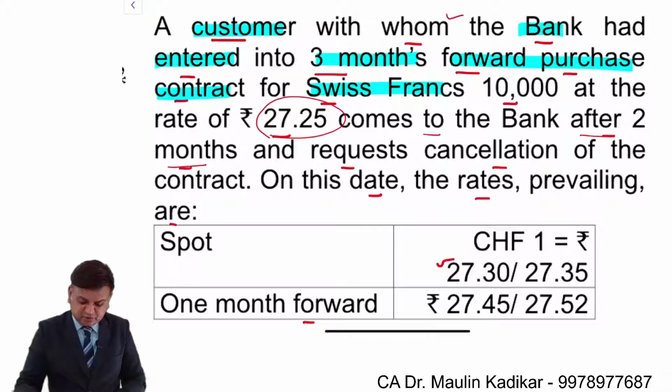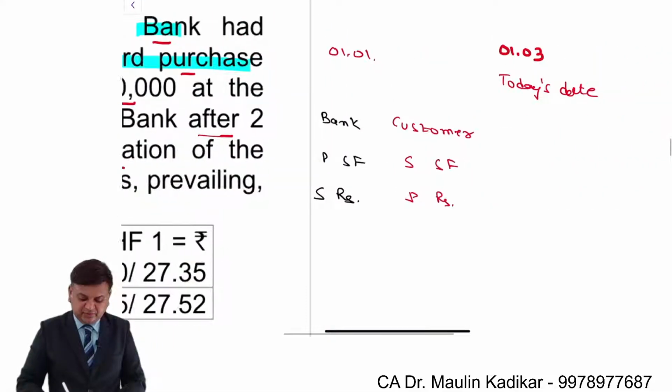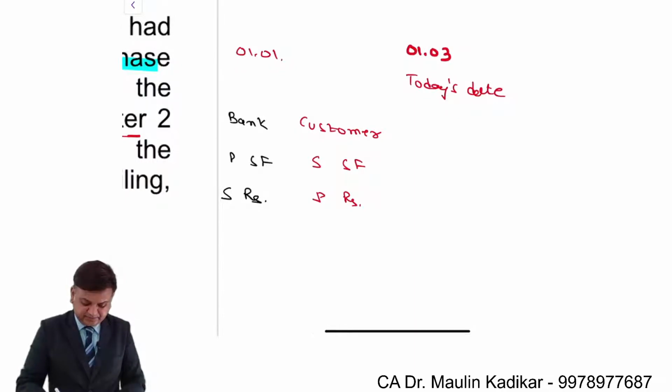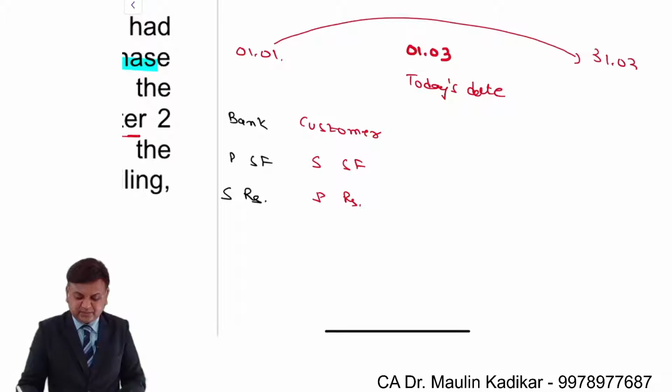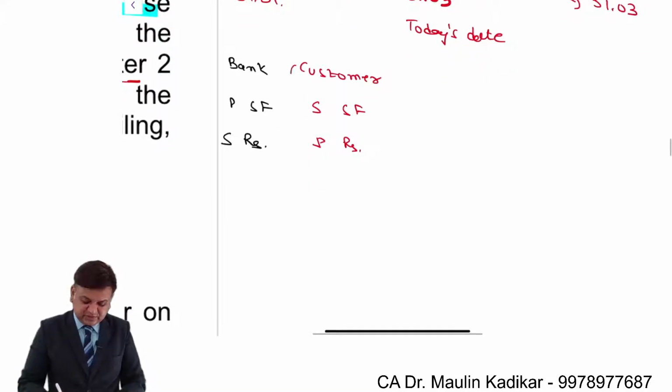A customer with whom the bank had entered into a 3 months forward contract. So the contract was entered into for a time period of 3 months. So on 1st of January, the contract must have been entered into for 31st of March. What must be the forward contract? The forward contract must be like this.